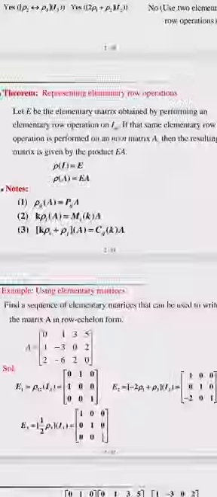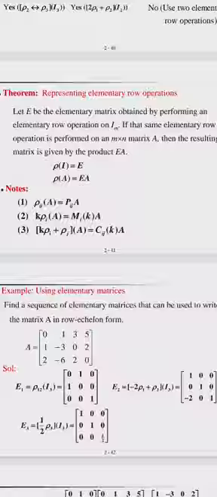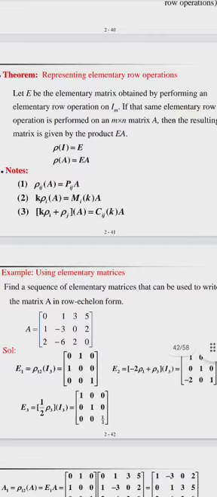First take the elementary matrix E, obtained by the elementary row operation on Im. Im is an identity matrix of order m by m. Next, the matrix of order m by n is A. Then the product matrix is EA.